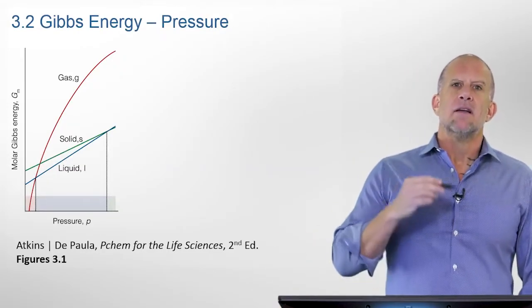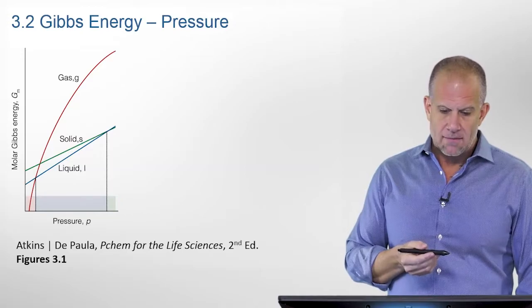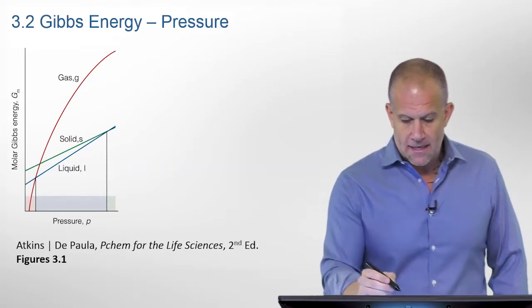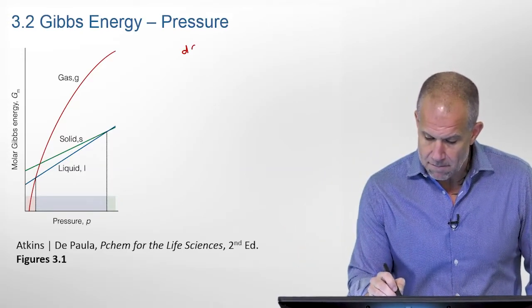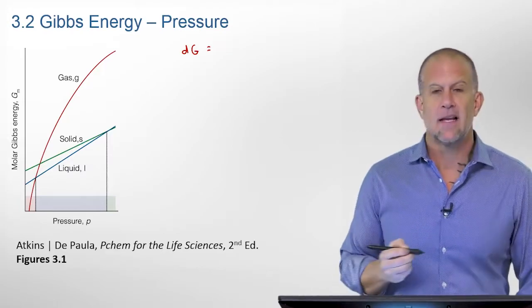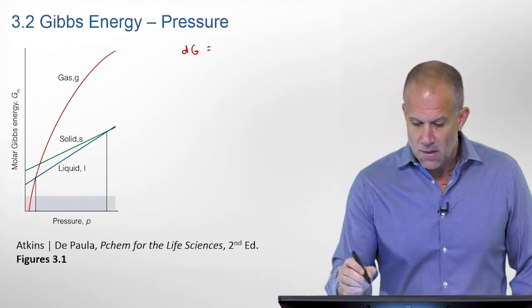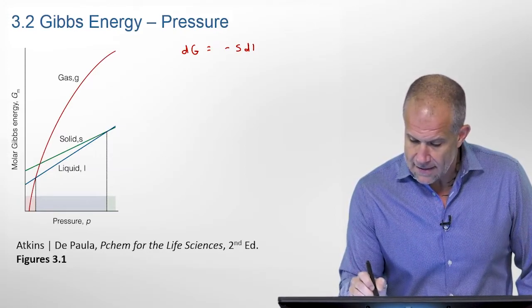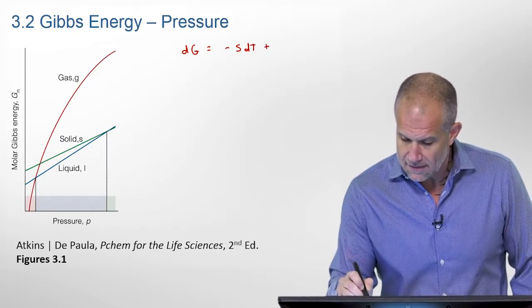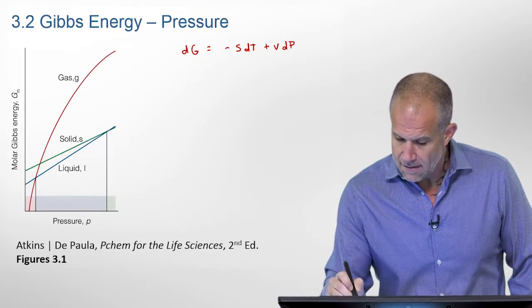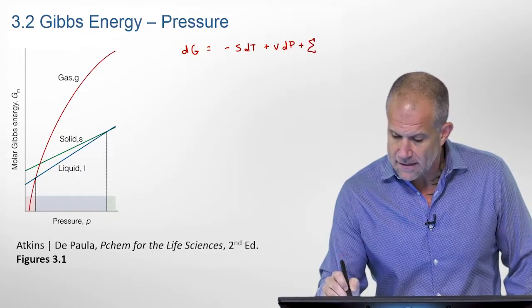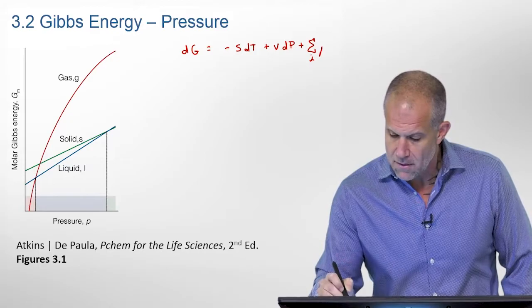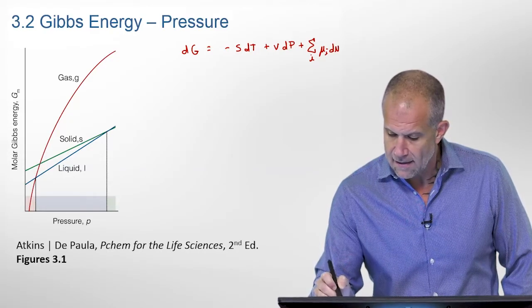So now we're going to explore the Gibbs free energy in more detail. And so we said that this will come as minus SdT plus VdP plus, and now I'm going to write explicitly the sum over i of mu_i dN_i.